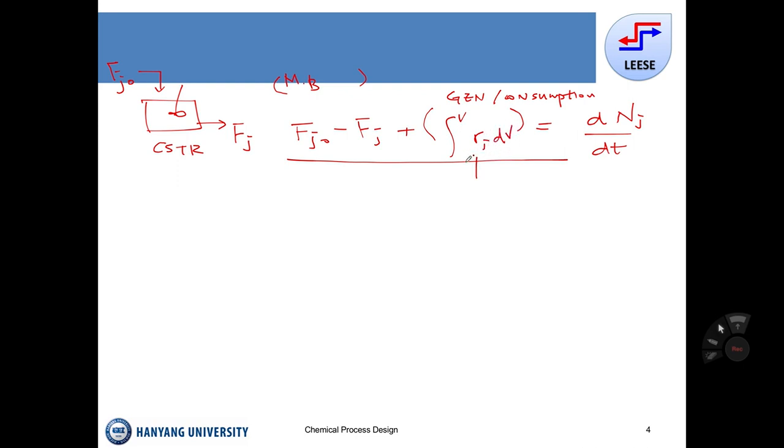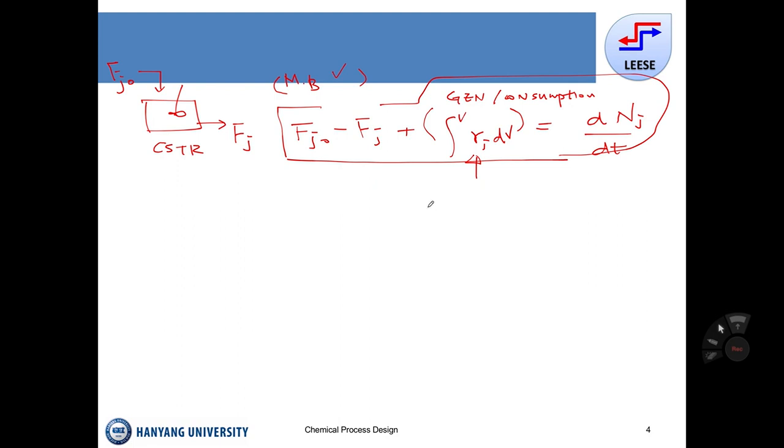With the kinetics, we have the integration of the reaction rate over the volume. Then we can calculate how much of the component is generated or consumed inside the reactor. So this is an example of the mass balance.